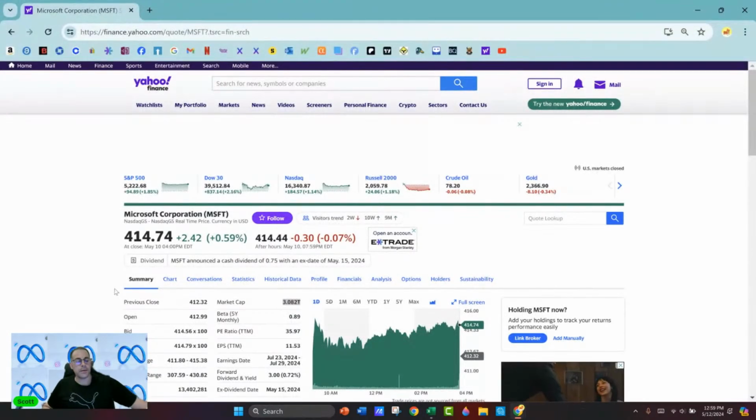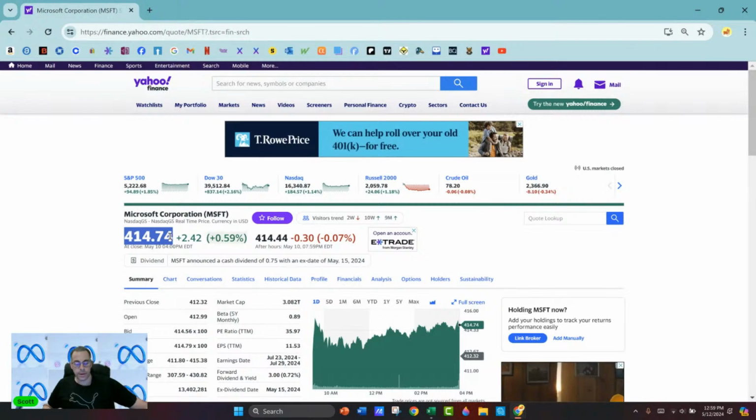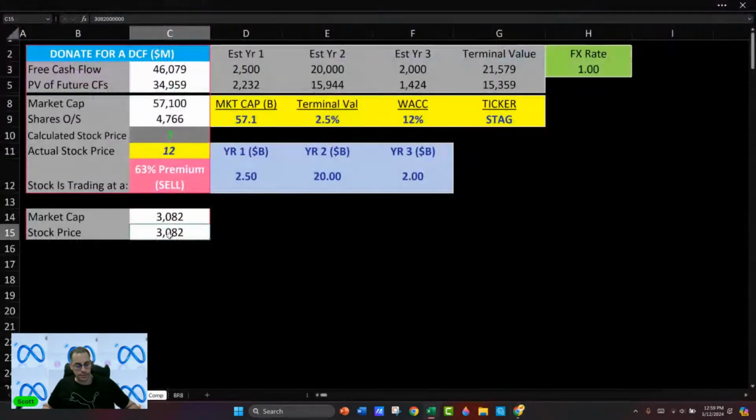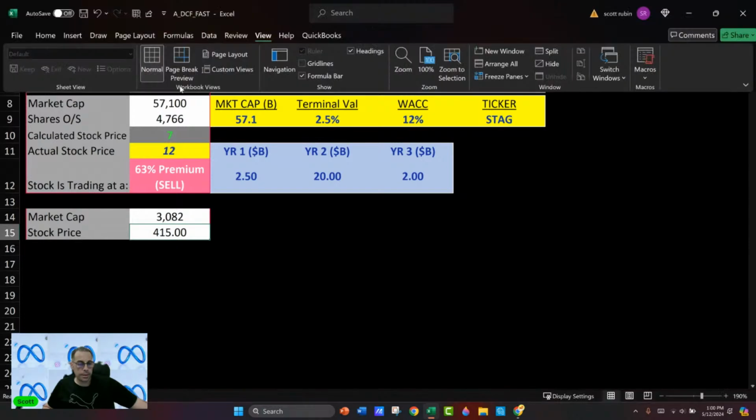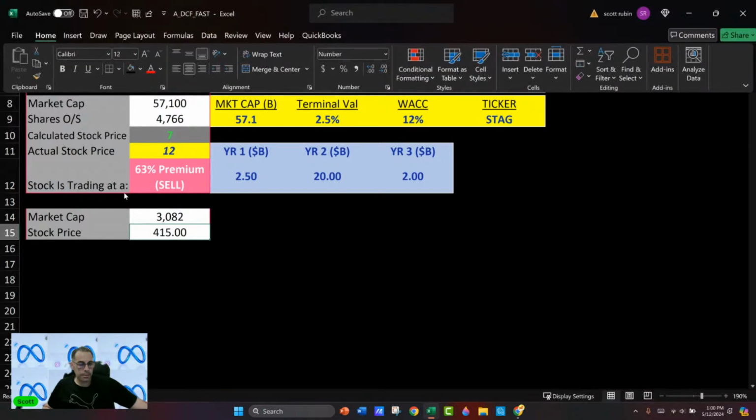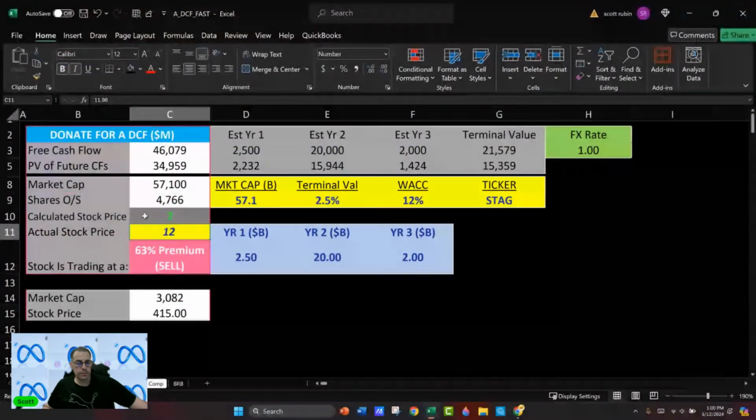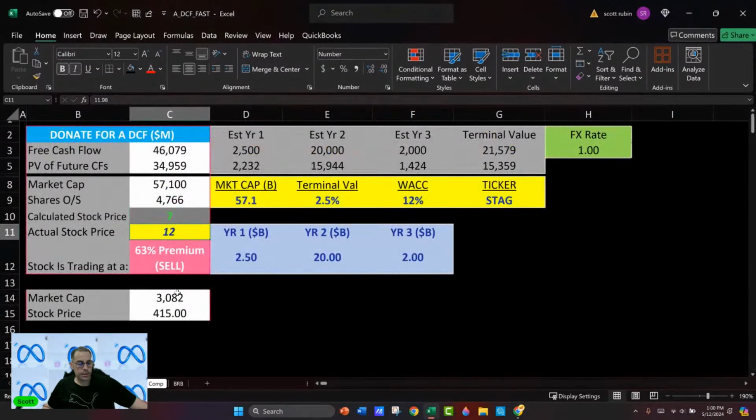The stock price is 415. Doesn't matter if you round it.